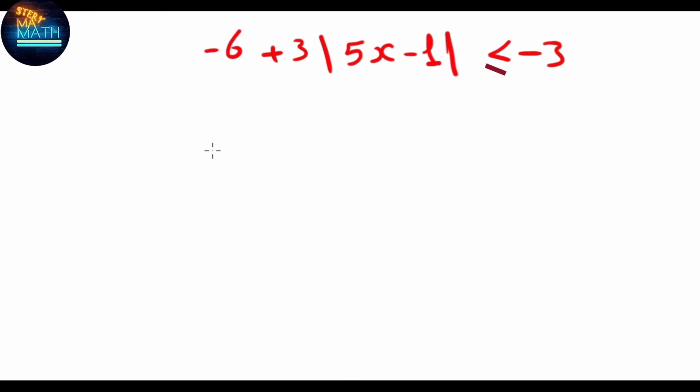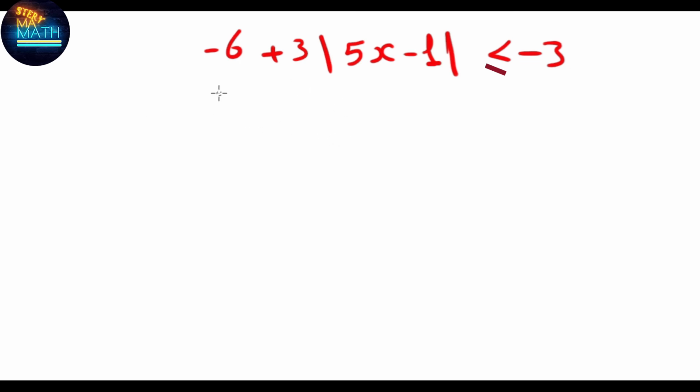In this example, negative 6 plus 3, the absolute value of 5x minus 1 is less than negative 3. At the first glance, maybe you would think that because it's less than negative 3, there is no solution for this problem. But in fact, we have to get rid of negative 6 and 3 to isolate the absolute value.